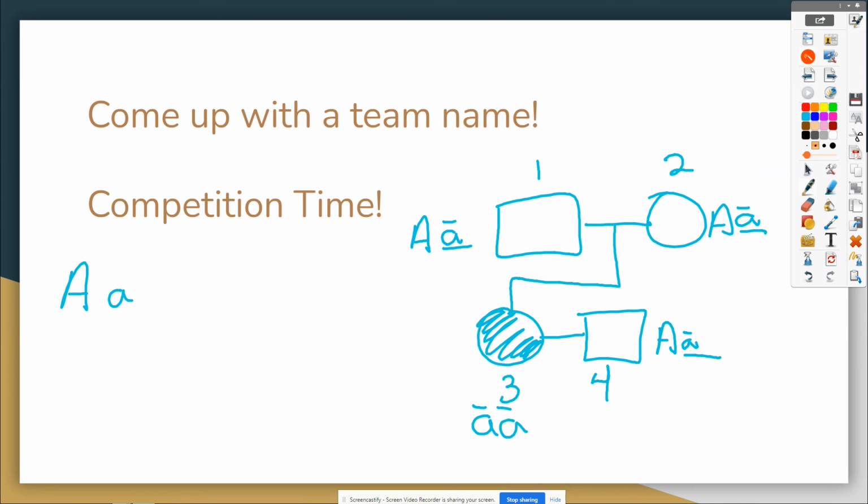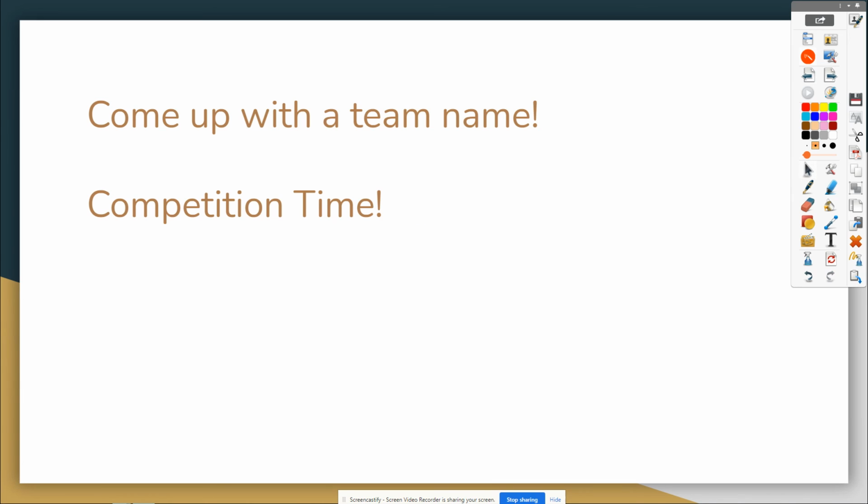All right. Look at the pedigree for attached earlobes. Attached. There we go. Straight across. They don't hang out. All right. So, are you ready?